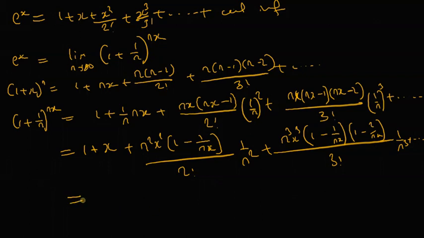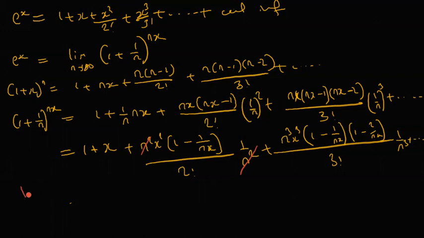So notice that this n squared, they cancel out. Then these guys, when n goes to infinity like before, these guys go to 0. So let me just write it properly. We are going to take the limits this time around here.